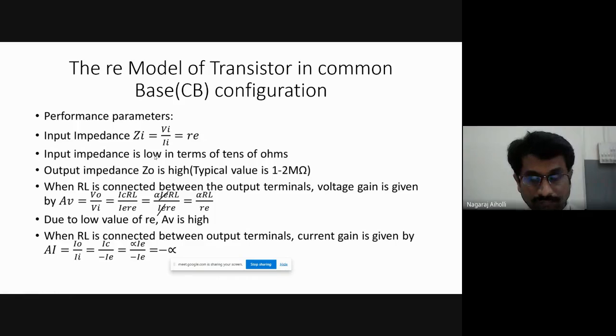Clear here? You all understood how we are getting these equations? For Zi, Z0, AV and AI: input impedance, output impedance, voltage gain and current gain. These are the 4 performance parameters of the transistor.